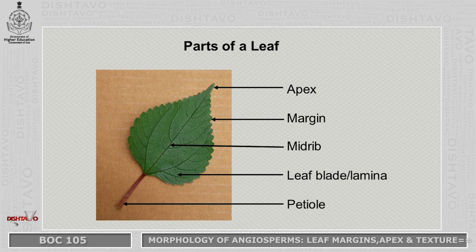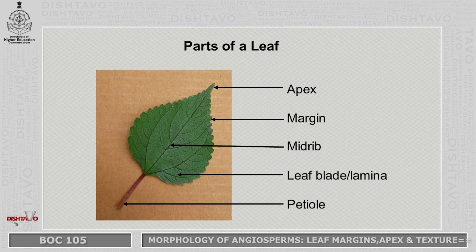Midrib is the central vein of the leaf, usually running from the stem to the apex. Margin is the outermost boundary area extending along the edge of the leaf, while the anterior tip of the leaf is termed as the apex.